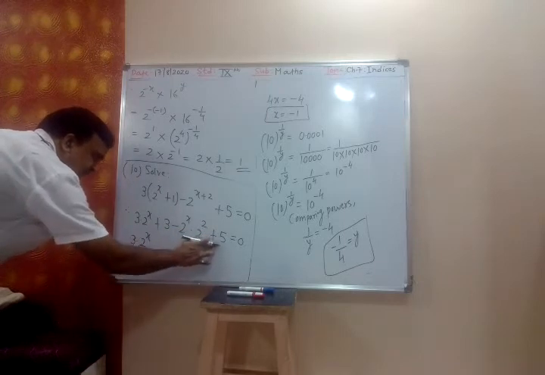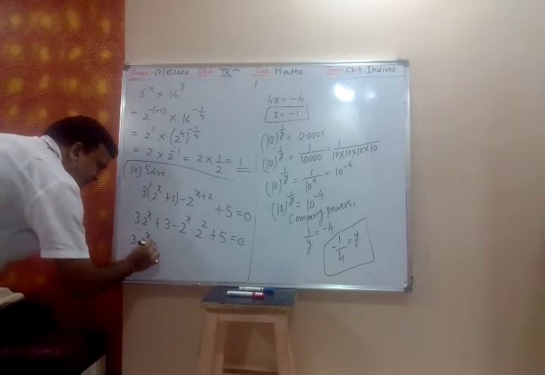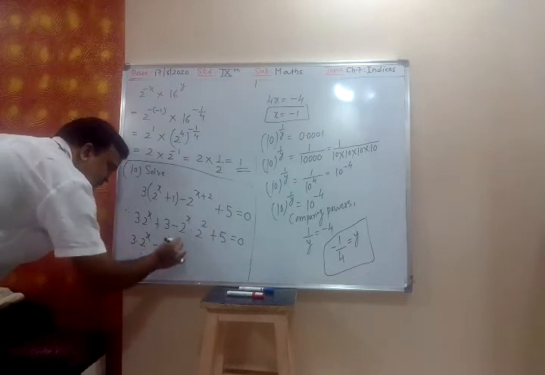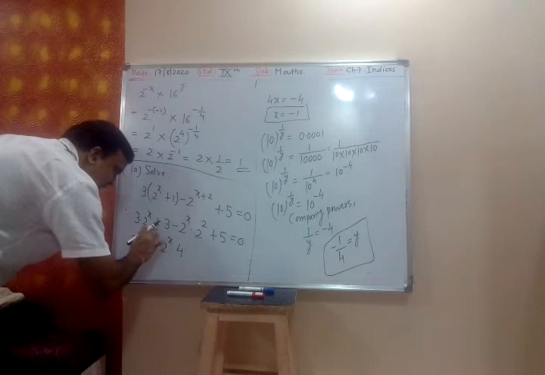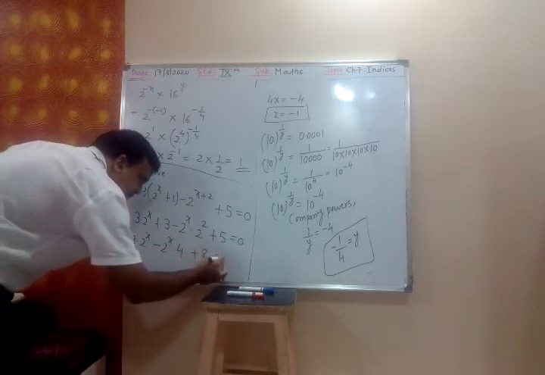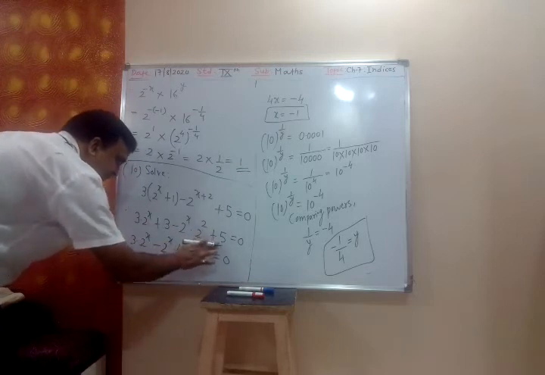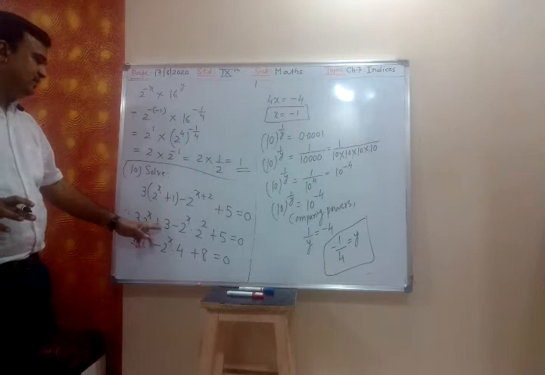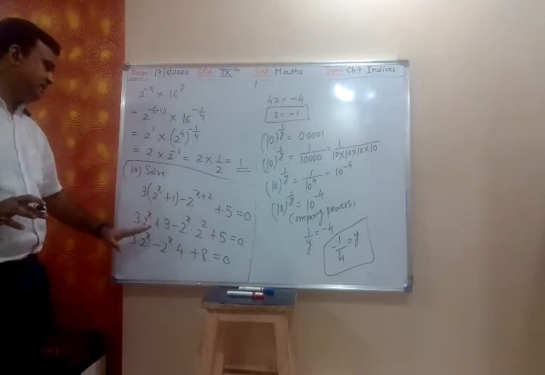Plus 3 and plus 5 I can add, so that is plus 8. So minus 2 raised to x into 2 raised to 2 is 4. Then plus 3 plus 5 is plus 8.